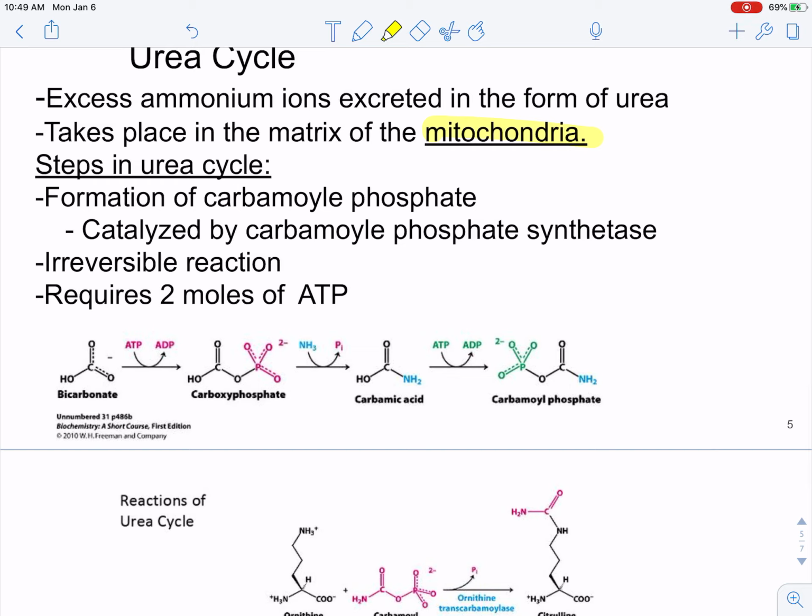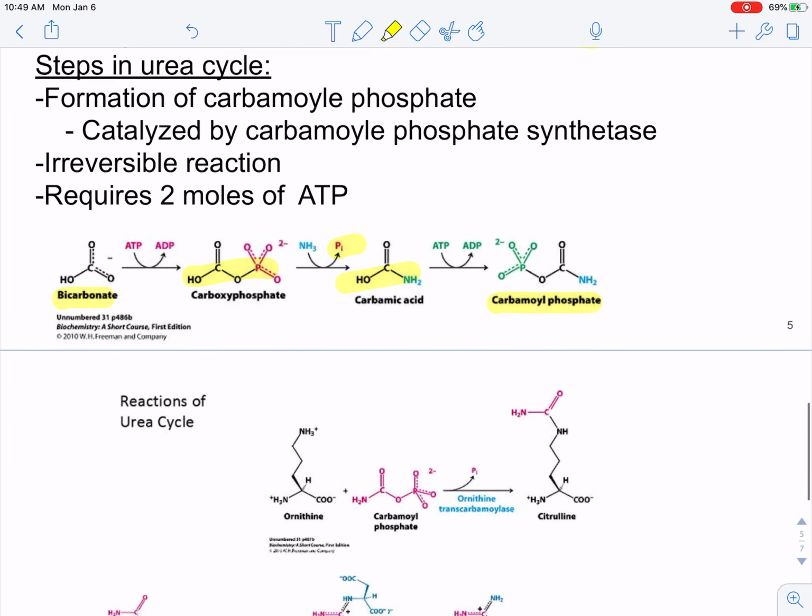So the reaction demonstrates using bicarbonate and energy to attach the phosphate group to the bicarbonate, and then with the addition of the ammonia component to form the carbamic acid here, with a generation of inorganic phosphate. That is the other energy source used. So it requires 2 moles of ATP, and with the final product being carbamoyl phosphate.